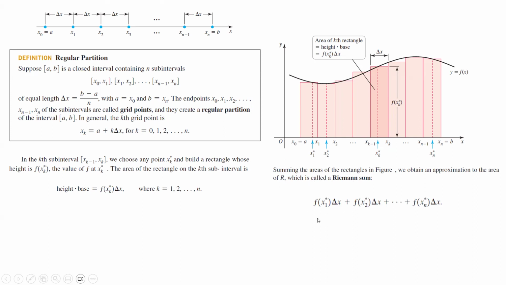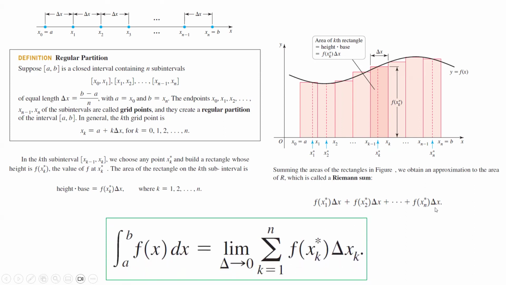f of x sub 1 star times delta x plus f of x sub 2 star times delta x plus the rest of the terms plus f of x sub n star times delta x is a Riemann sum. If you take the limit as delta x goes to 0 or as n goes to infinity, this is denoted by the definite integral from a to b of f of x dx.